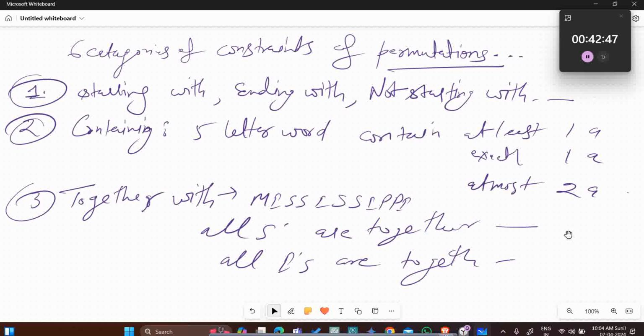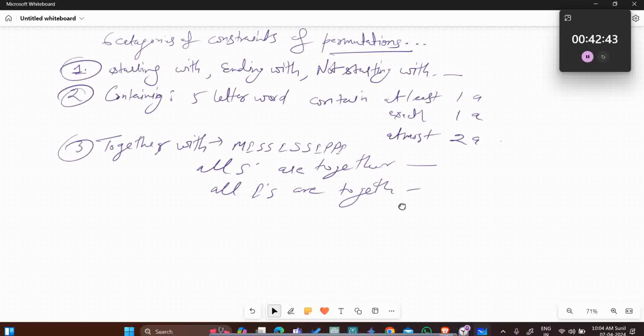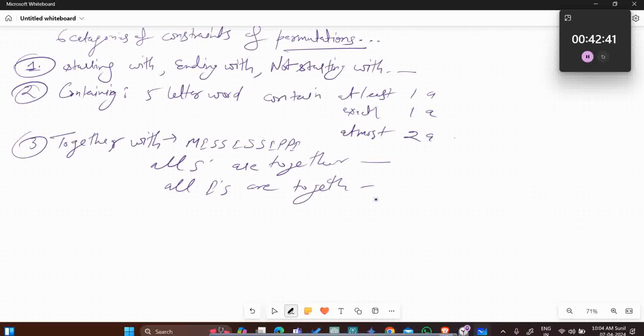Next, the fourth type is no two objects together.